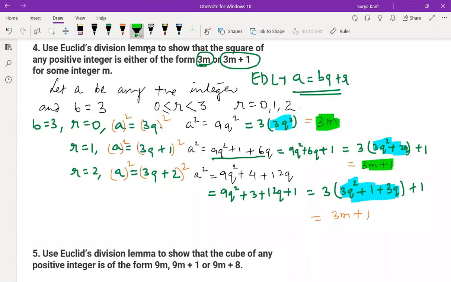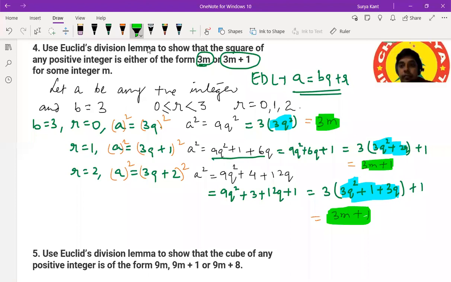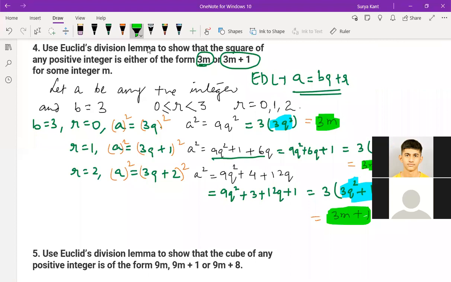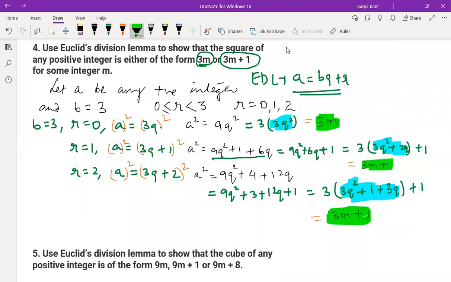Yeah, Ramalu, you are having doubt? Anyone is having doubt in this? Yes, sir, I do. Yeah, tell me.